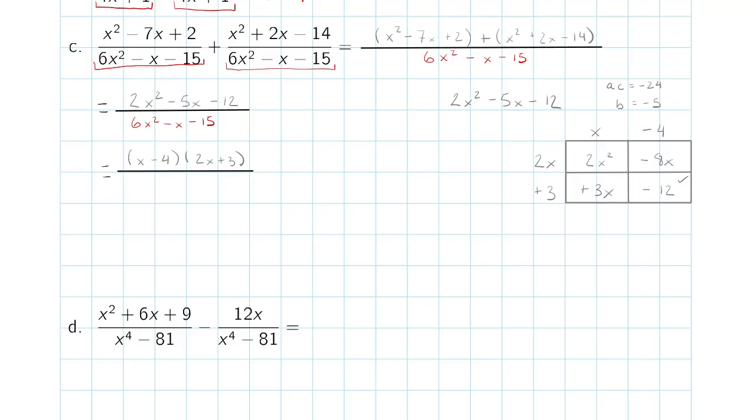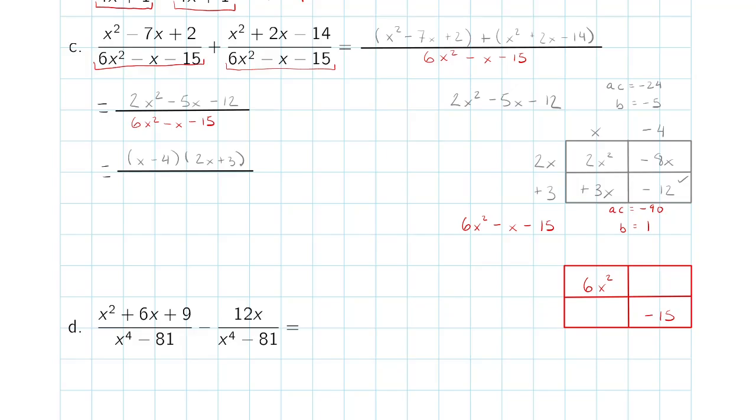Okay, let's try to factor our denominator now. We've got a 6x squared minus x minus 15. Our AC is negative 90. Our B is negative 1. So we'll copy our 6x squared and our negative 15.